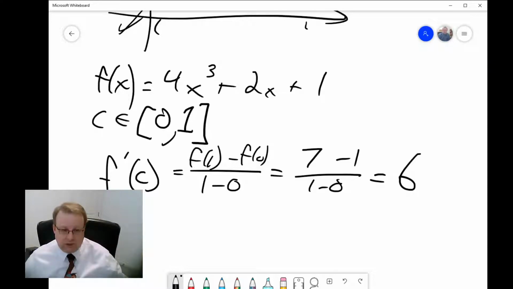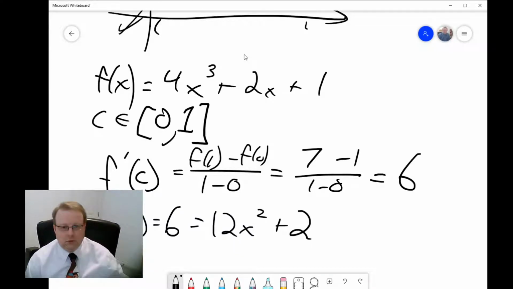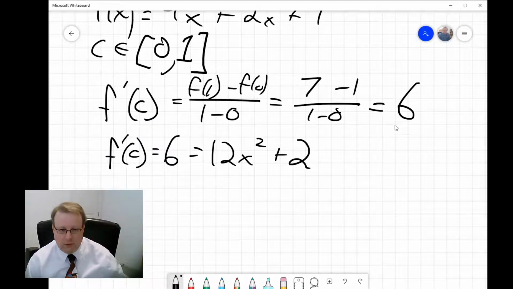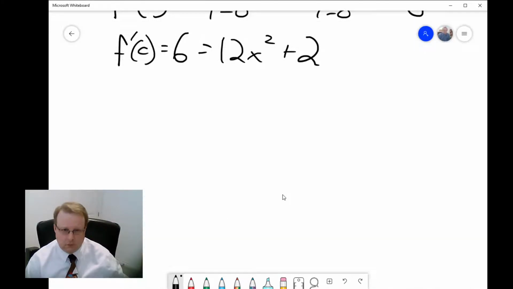So let's find all of these points. We're looking for a point where the derivative of the function is 6. The derivative here is 12x squared plus 2, because once we've taken the derivative, that plus 1 goes to 0.